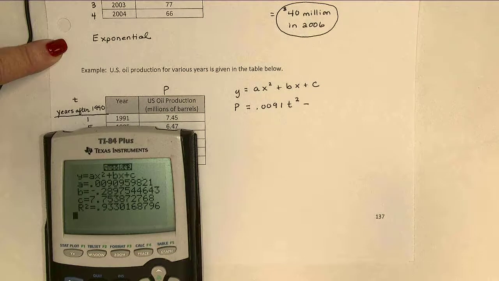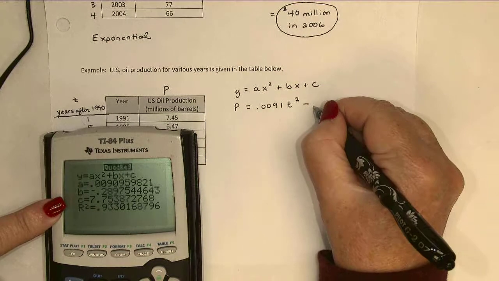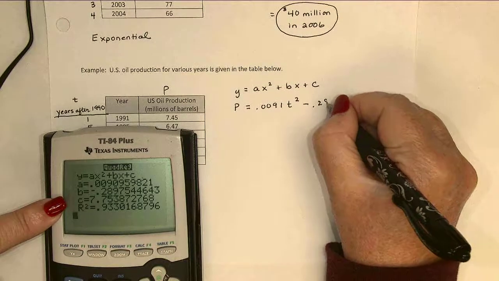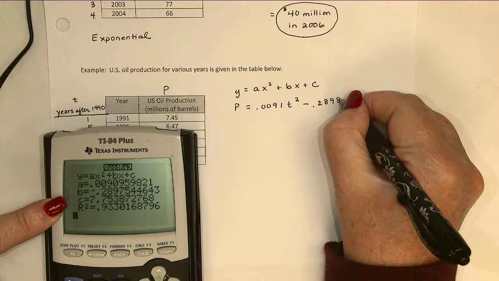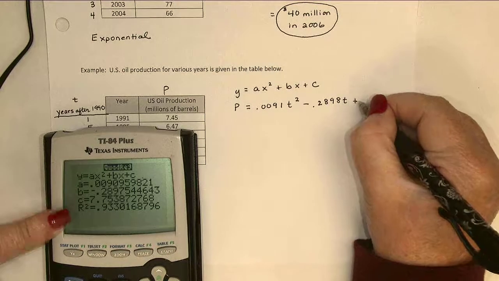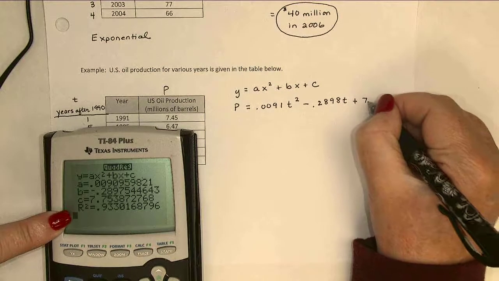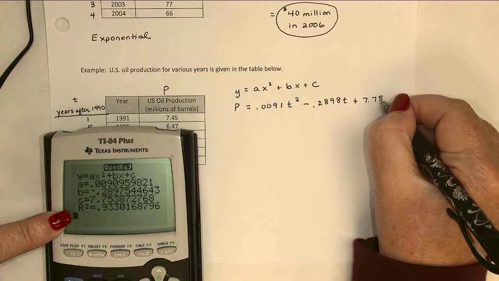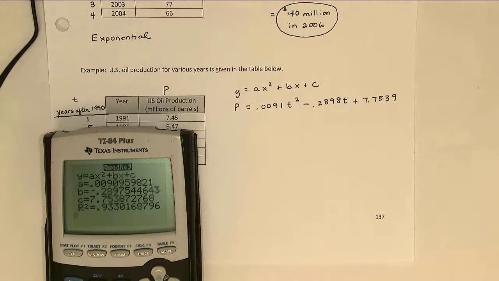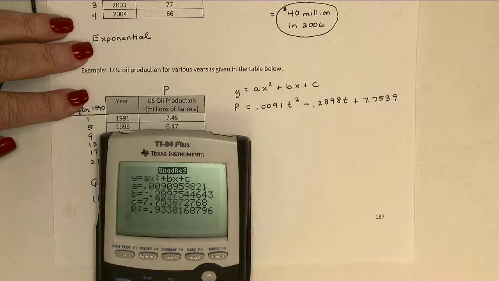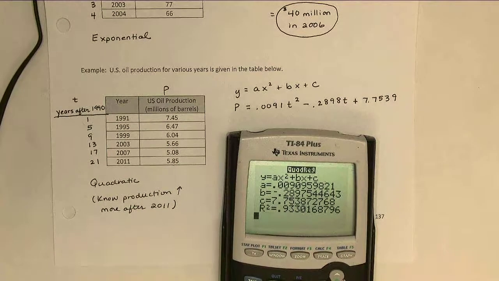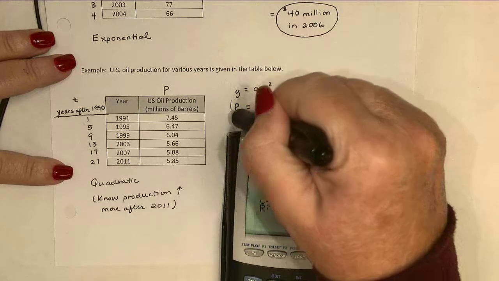Minus, if we go with 4 decimal places, 0.2898, that would be T, plus the C value, 7.7539. And again, I'm just trying to be consistent, choosing 4 decimal places each time. So there's my model.